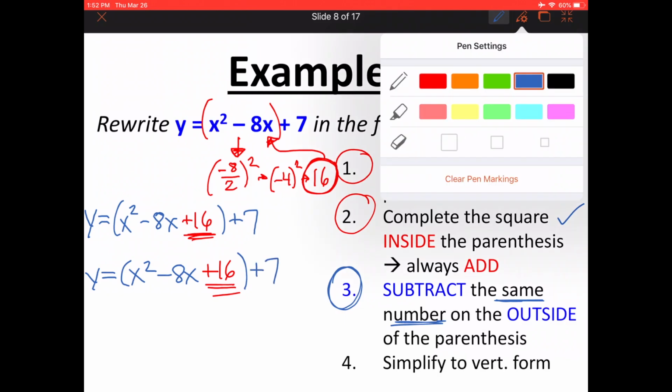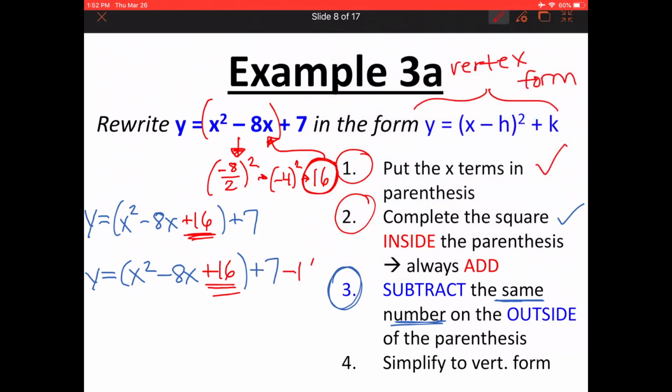So that means outside of the parentheses, I now have to do minus 16. And if you guys can see, this is just keeping the equation balanced. Everything in algebra is about balance. So if we add 16 inside the parentheses, now we have completed step 3 and subtracted on the outside of the parentheses. So our final step, step 4, is just going to be to simplify this to vertex form.